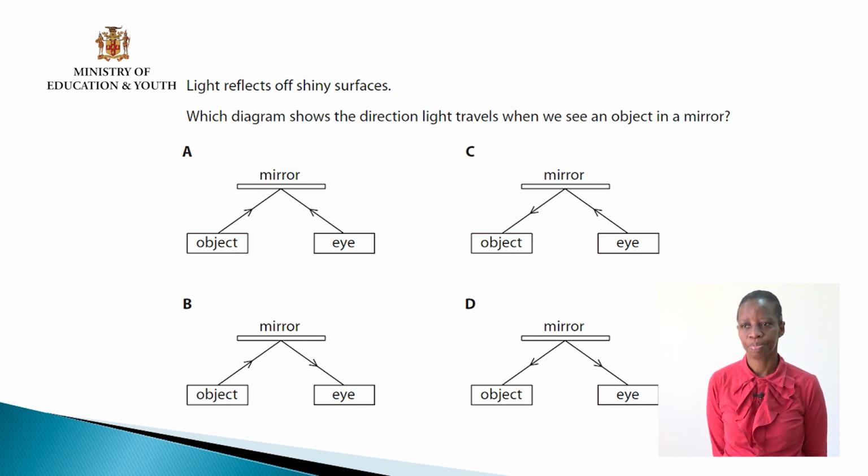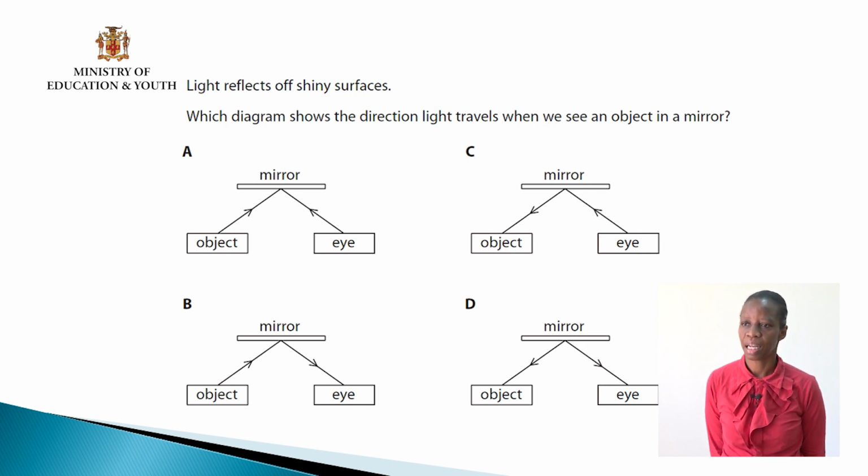So in A, when we're talking about the path that light travels, we generally represent it with a line with an arrow, all right? We call it a light ray. Okay, so let's look and see where the light ray is going.